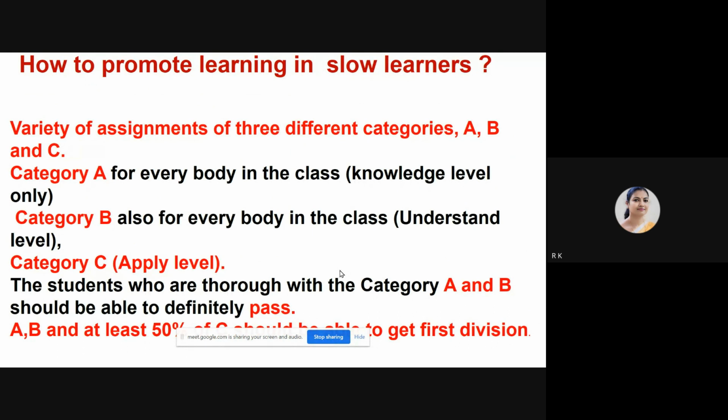Here what we can adopt is a variety of assignments. In my subject, I give the assignment to the entire class, of course, but VTU adopts a different method. For example, roll numbers ending in 0, 3, 5, 7, and 9 get one assignment, and roll numbers ending in 2, 4, 6, 8, and 10 get another.